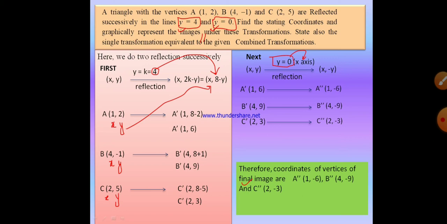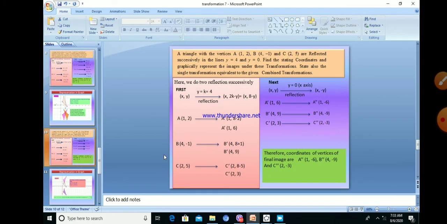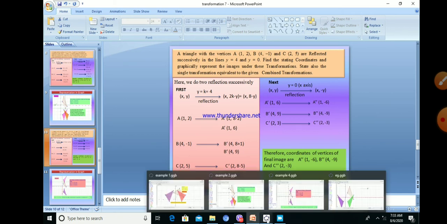So one part is done. Here we computed all the images of triangle ABC under this combined transformation. Now we'll discuss presenting this in a graph, and what could be the single transformation. Already we guessed that the single transformation could be a translation because the lines of reflection are parallel to each other.